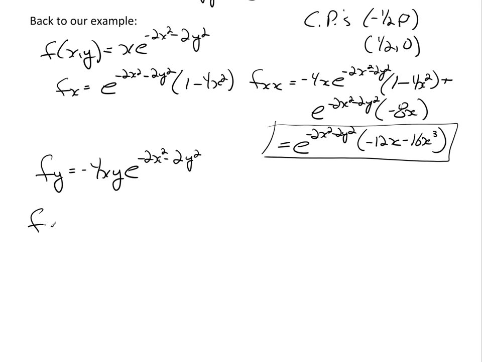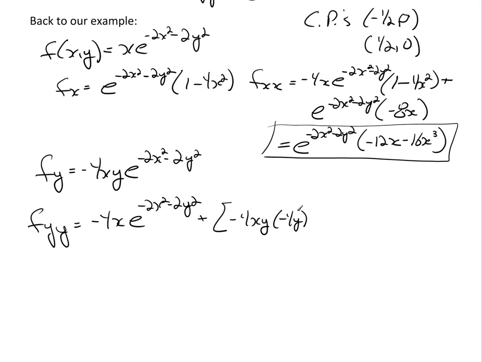So my second partial with respect to y is going to be negative 4x e to the negative 2x squared minus 2y squared, plus negative 4xy times negative 4y e to the negative 2x squared minus 2y squared, which obviously I'm not going to leave like that.